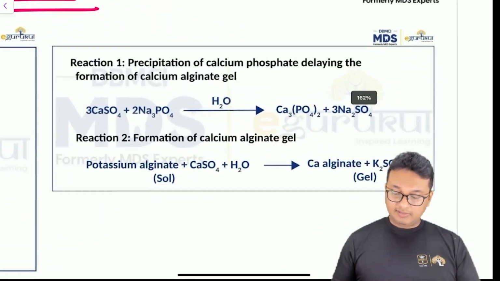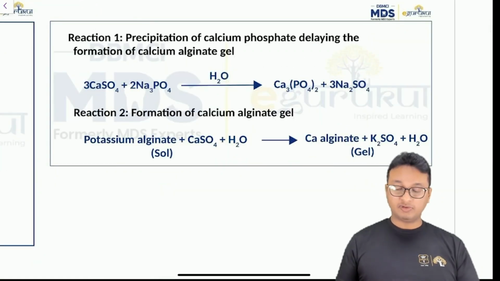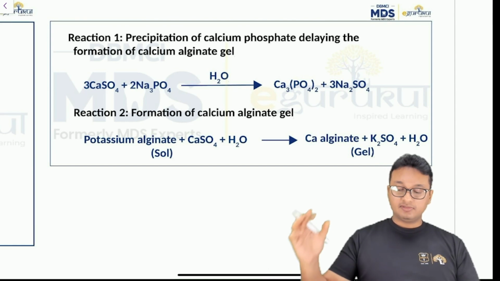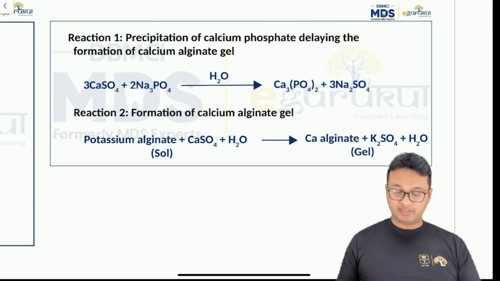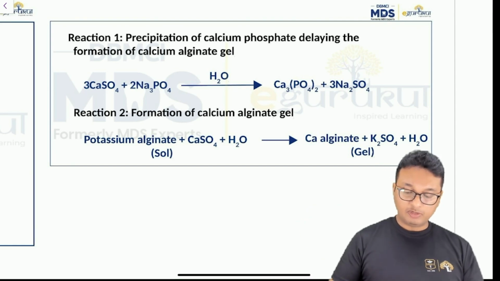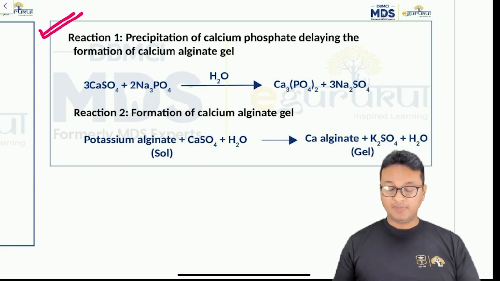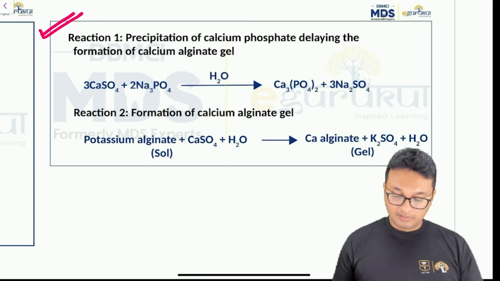And this is showing the chemical reaction which is taking place in an alginate. I'm not going into much detail. I think this would have been covered in the impression materials section of the dental materials chapters.